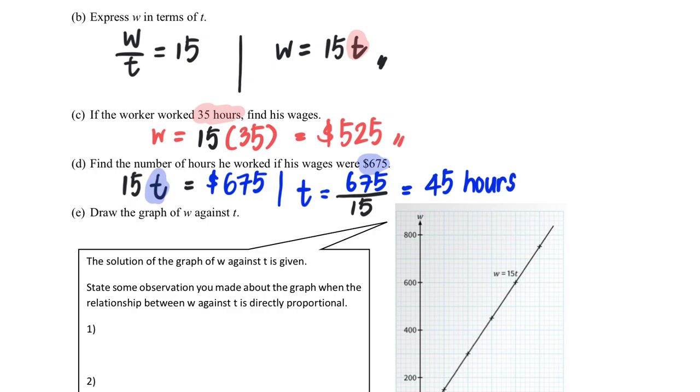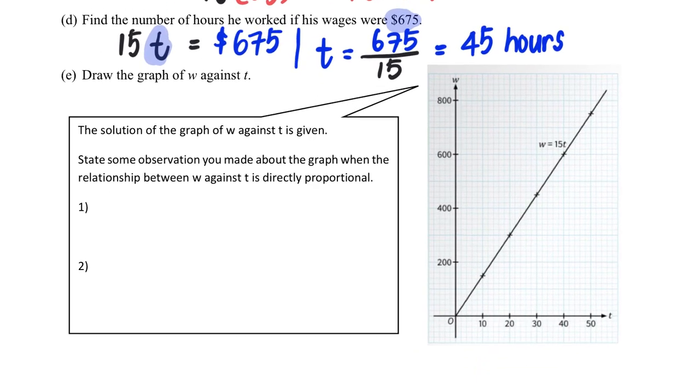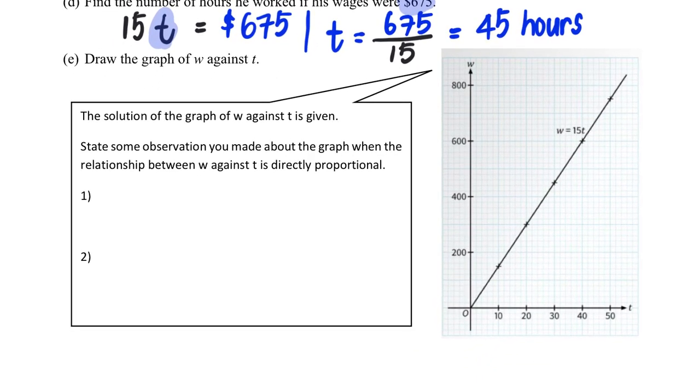For part E, this graph has actually been plotted here. State some observations you made about the graph when they are directly proportional to each other.